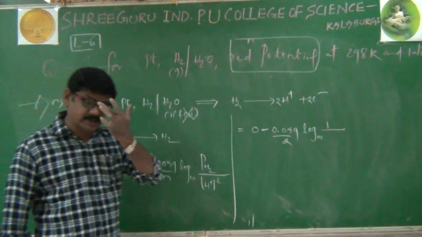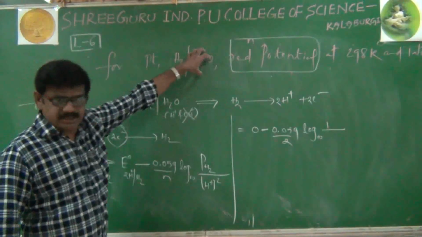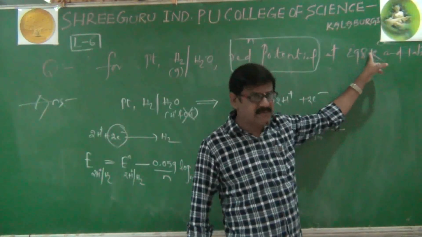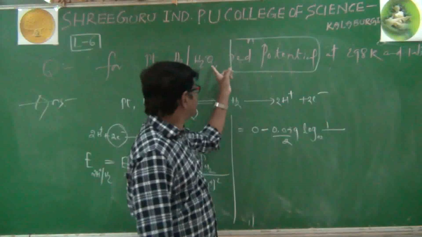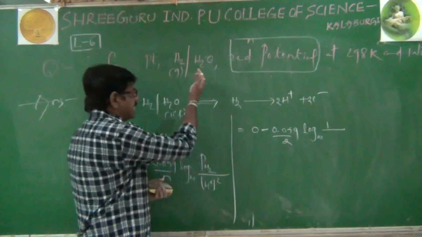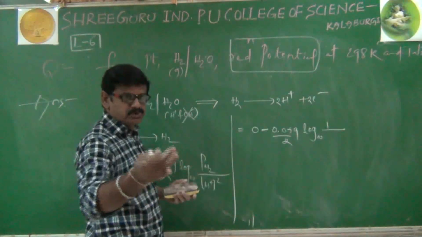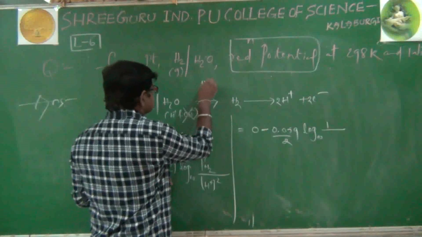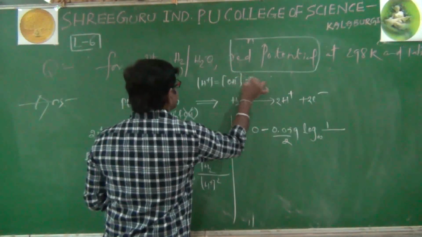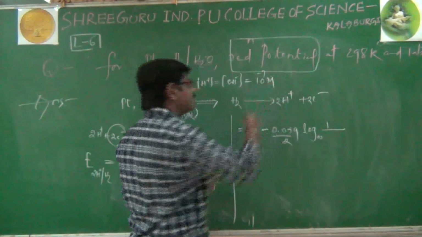Again, we have to go back to our first topic, equilibrium. In water at 298 kelvins temperature, we will have H plus concentration as well as OH minus concentration. Both are the same. That is, H plus equals OH minus equals 10 to the power of minus 7 molar.